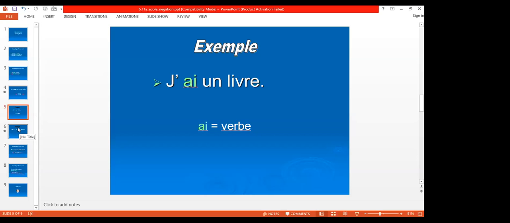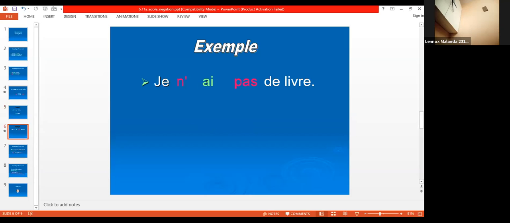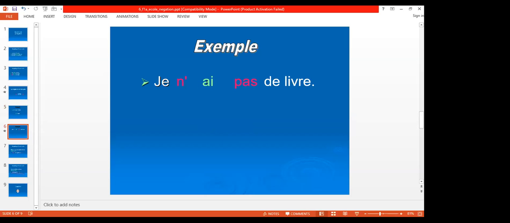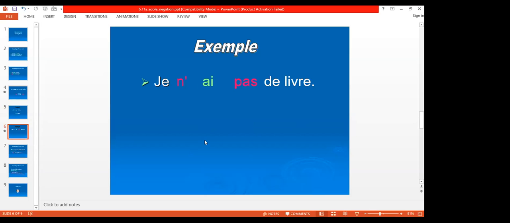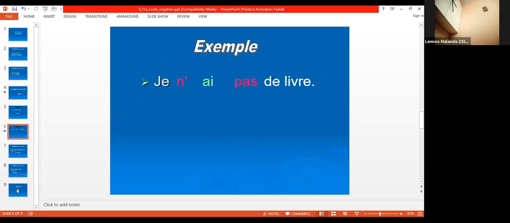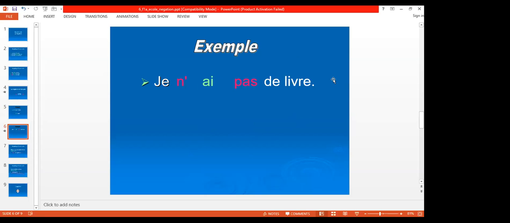In this case, je n'ai pas, ne also takes an apostrophe, because ne has a vowel and avoir also begins with a vowel. So je n'ai pas un livre. And be keen here, I think you've seen here somewhere that un livre has now changed to de livre. I hope you can see that. It has changed to de livre.